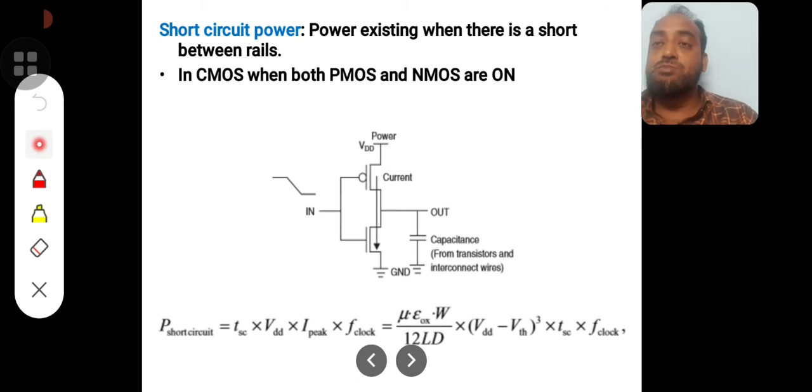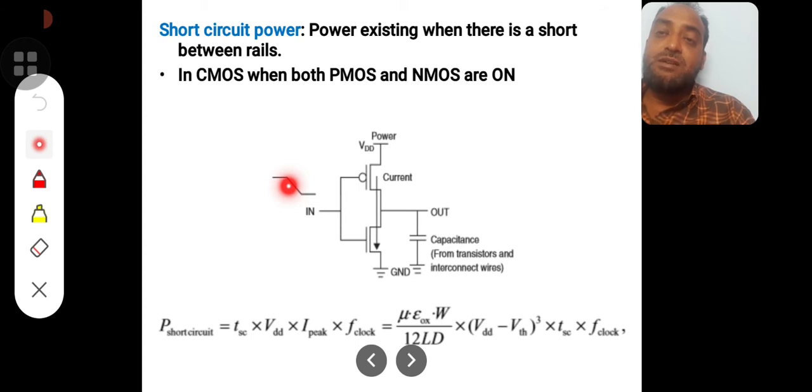In CMOS, both PMOS and NMOS devices are used. NMOS devices start conducting above 1.5 volts and PMOS devices conduct from 0 to 3.5 volts. That means there is an overlapping voltage of around 1.5 to 3.5, that is 2 volts. When the input takes a transition from 5, it slowly falls to 4, then to 3.5.